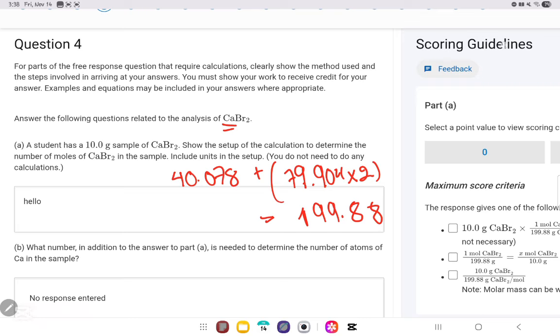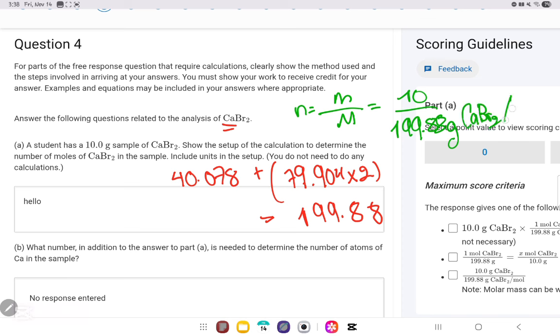Okay, so now it would be mass over molar mass. This is the number of moles. So it's going to be 10 over 199.88 grams per mole. It's necessary to state what grams per mole we are using: 199.88 grams of CaBr2 per mole, and this is 10.0 grams of CaBr2.